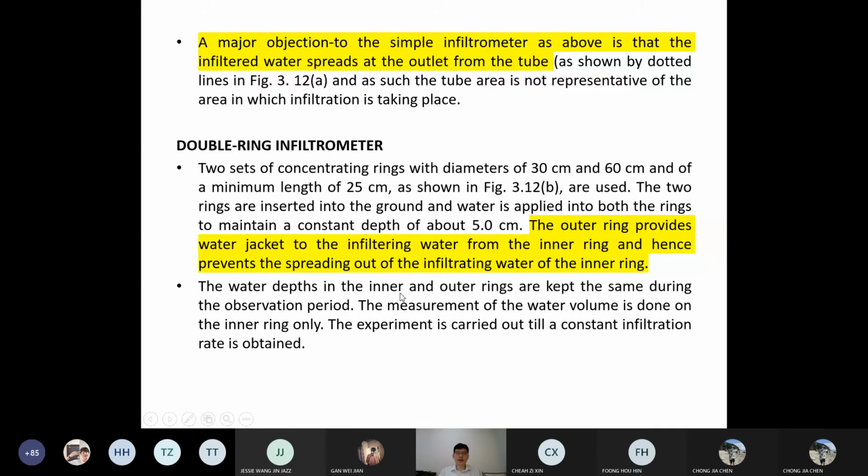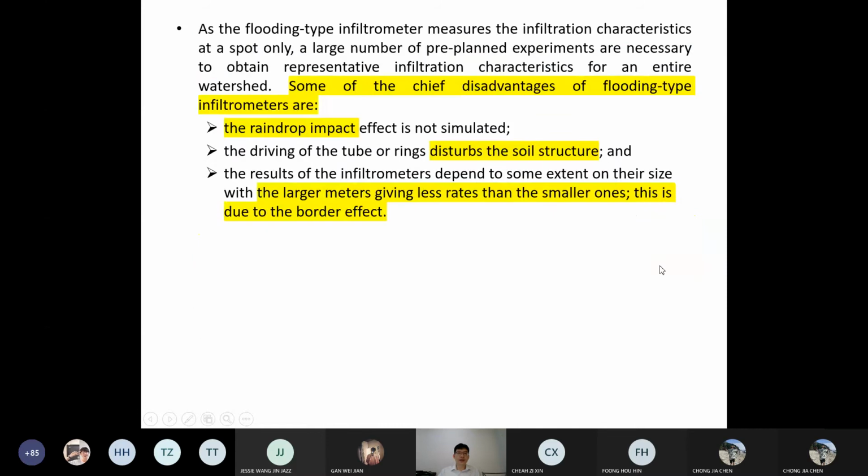The water depth of the inner and outer rings are kept the same during the observation period. Measurement of the water volume is done in the inner ring only. The experiment is carried out until a constant infiltration rate is obtained. It has some advantages and disadvantages.